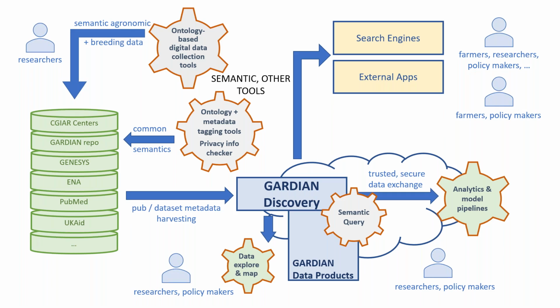So basically the idea is to have a checker to remove personally identifiable information. That's what that middle gear, sitting under semantic and other tools, is talking about.